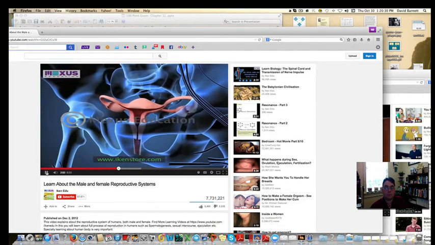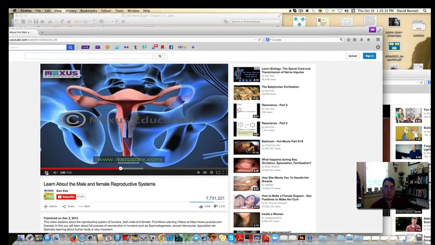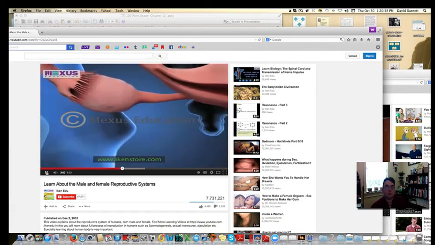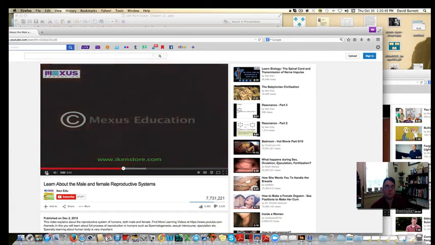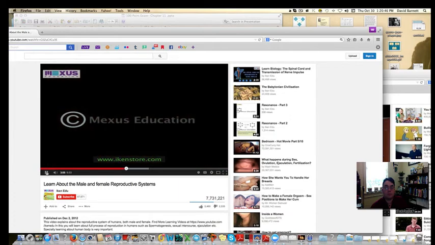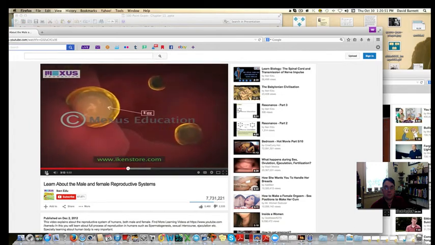Just as males have 2 testicles, females have 2 ovaries. The ovaries produce hormones such as estrogen and progesterone. The follicles of the ovaries produce ova or eggs.